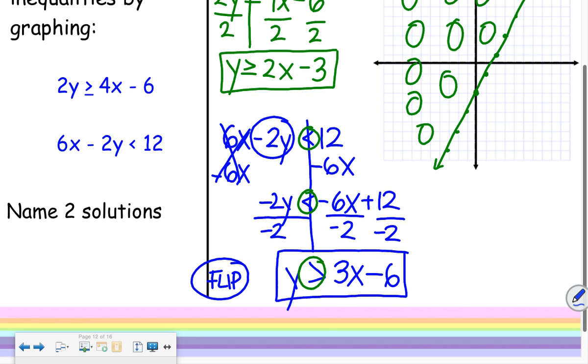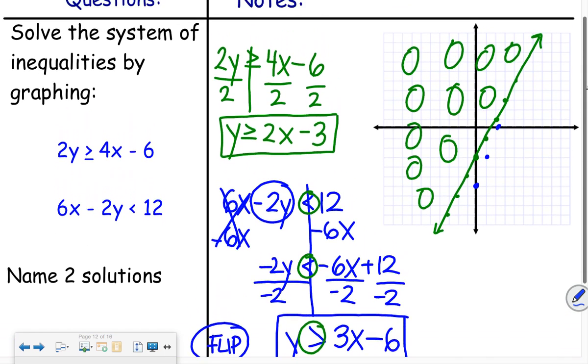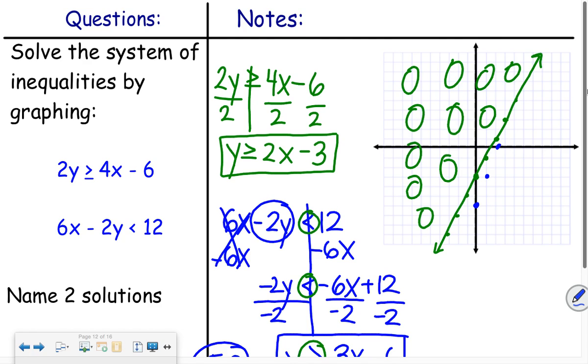So y-intercept is -6. 1, 2, 3, 4, 5, 6. Slope is 3, so up over 1. These are very close to each other. All right.